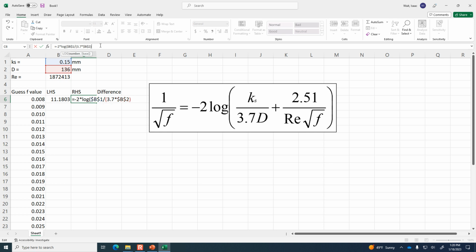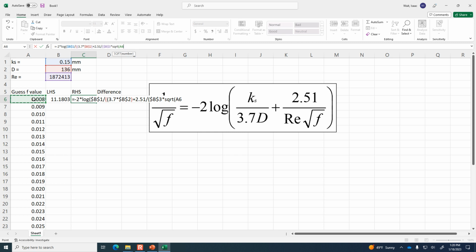Now I'm going to add the second term, so plus, oh, I need to do another set of parentheses, I think. Okay, so plus 2.51 divided by the Reynolds number, anchor the reference, times the square root of the f value.